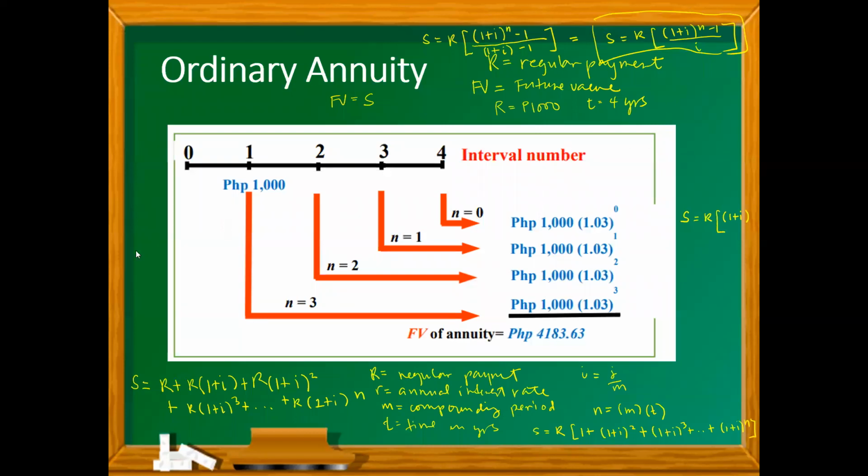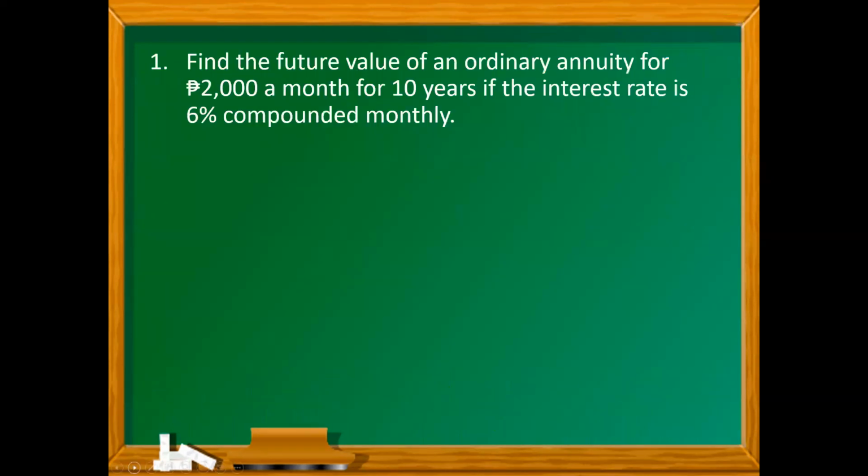So let's work on example exercises involving future value of an annuity and solving for the regular payment. Okay, so number 1, find the future value of an ordinary annuity for 2,000 pesos a month for 10 years if the interest rate is 6% compounded monthly. So R here equals 2,000 pesos. And your r, or the annual interest rate, equals 6%, 0.06.